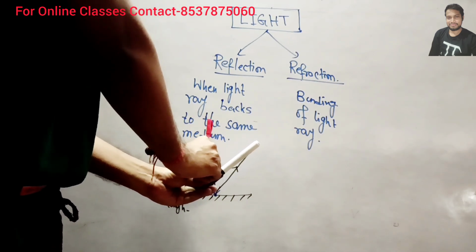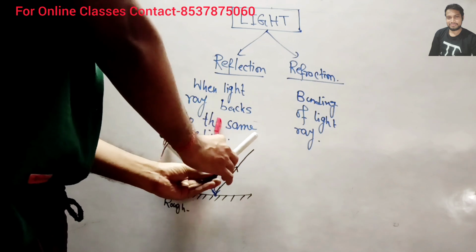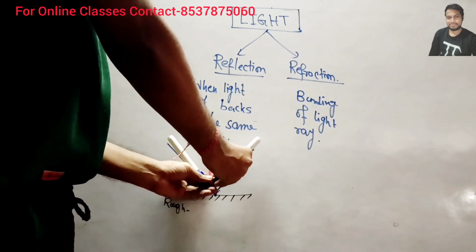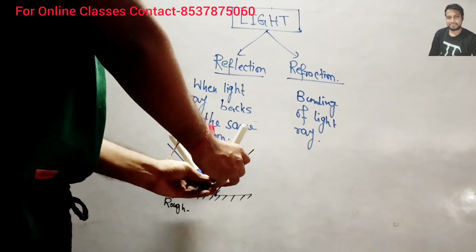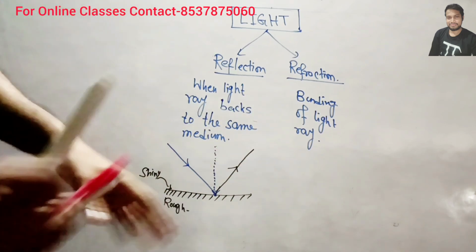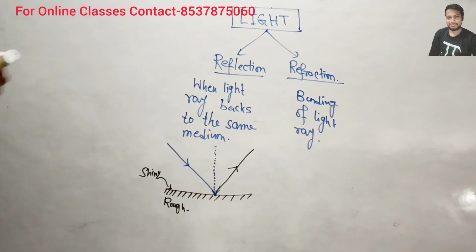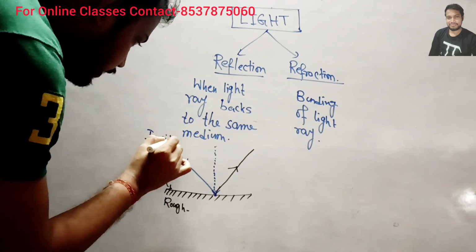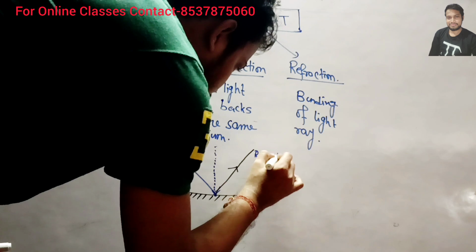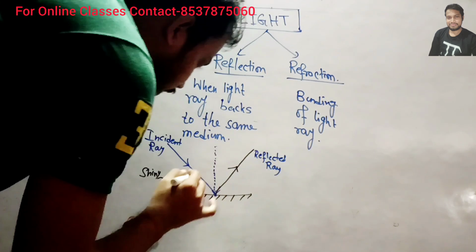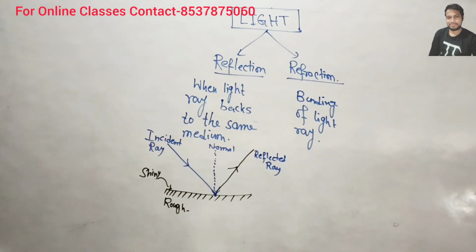That means these three will never come out of their plane. The reflected ray doesn't come out of its plane, and similarly the incident ray. So that is the first law.